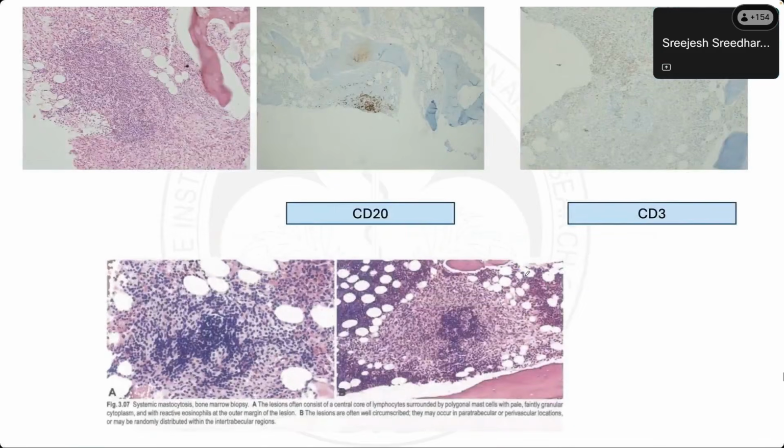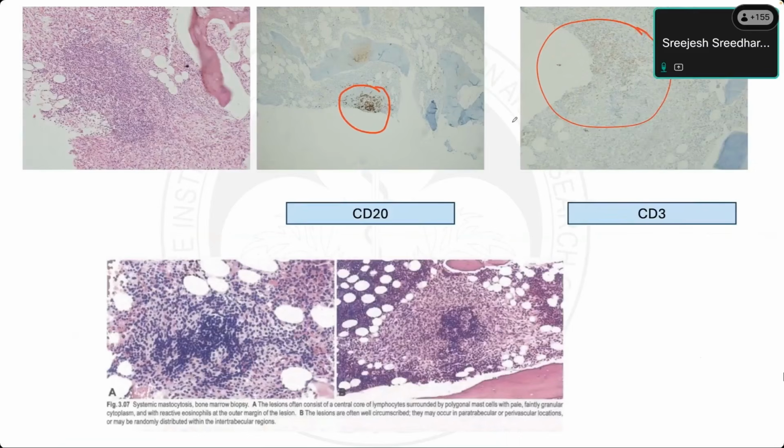And we did CD20. These lymphoid aggregates are positive for a mixture of CD20 and CD3 positive cells. So remember that mastocytosis can be accompanied by reactive lymphoid aggregates.